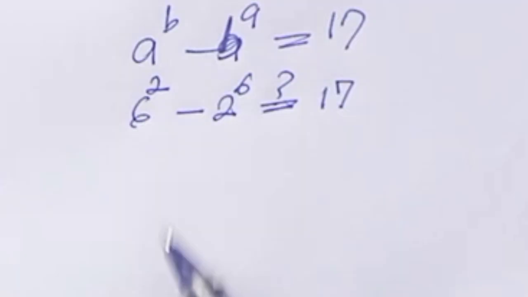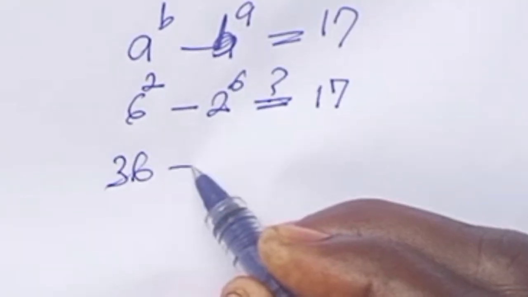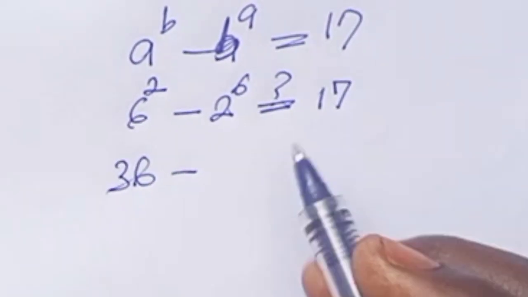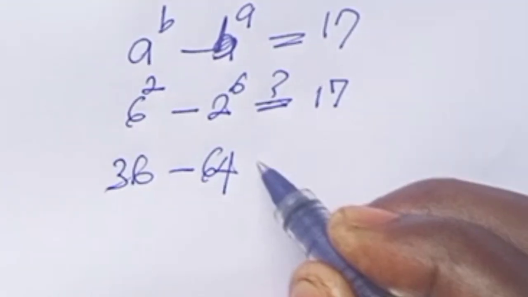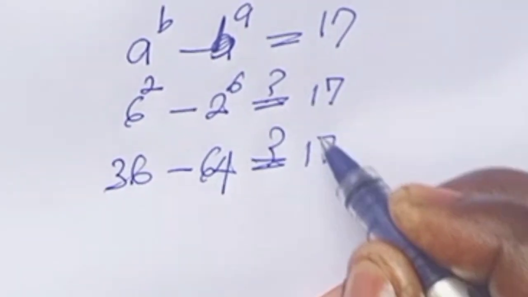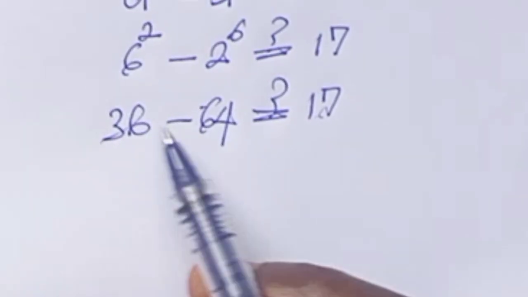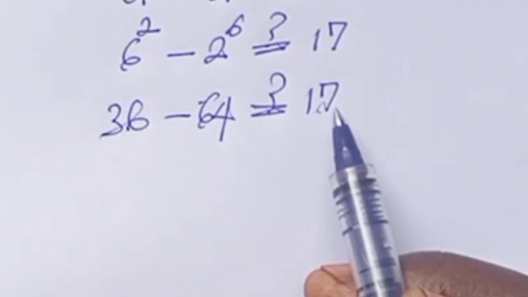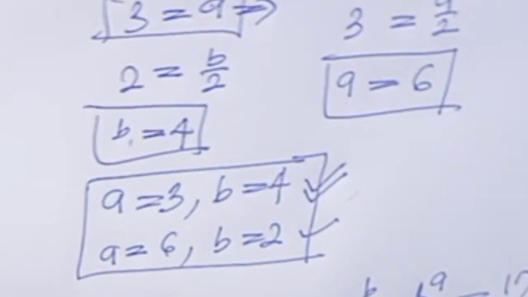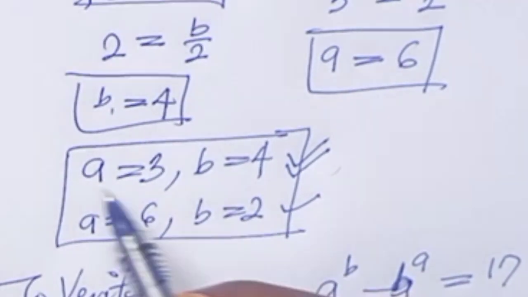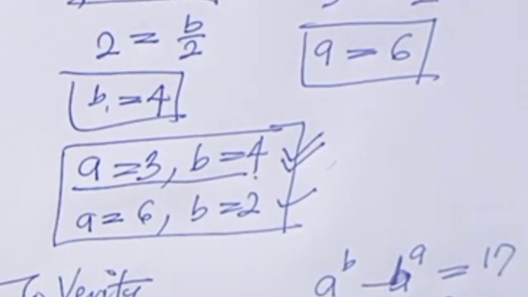And 6 to the power of 2, that is 36, minus 2 to the power of 6 will give us 64. Will this be equal to 17? If you do this very well, you are going to have a negative sign from this part, and 17 is a positive number. That's to show that the only pair of solution is 3 and 4.